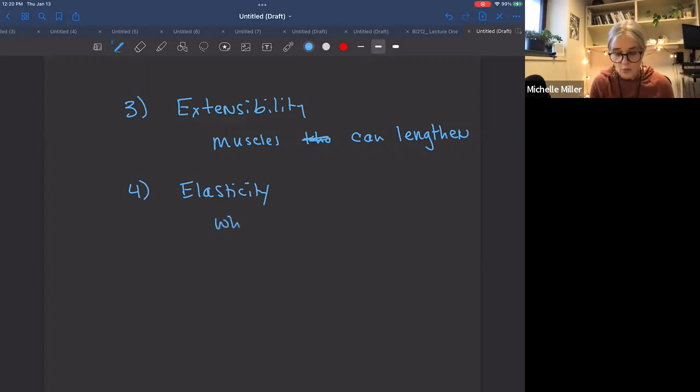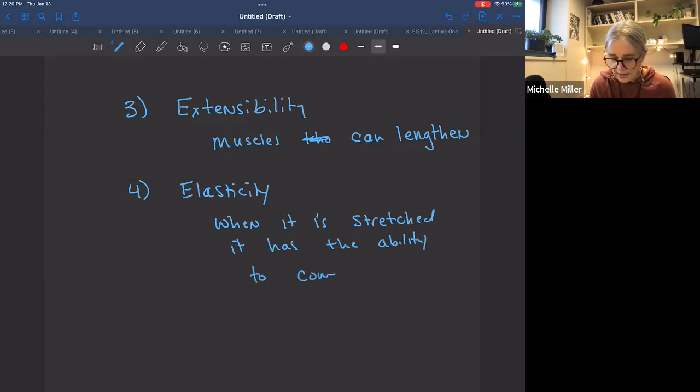So we'll say that when it is stretched, it has the ability to come back to a normal length.